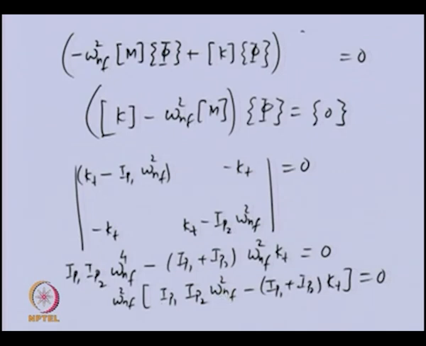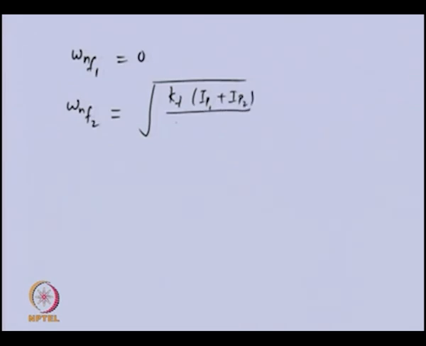So, we are getting two natural frequencies: one is the 0 natural frequency, and from the second term within the bracket, if we equate it to 0, we will get this expression for the second natural frequency of the system. In this particular case you can see this is the 0 natural frequency.